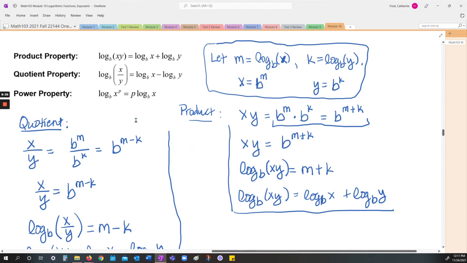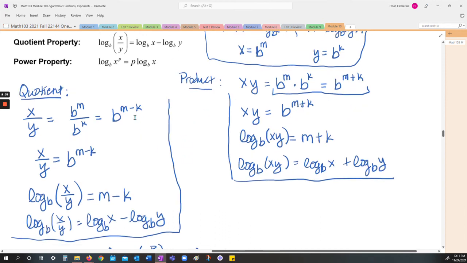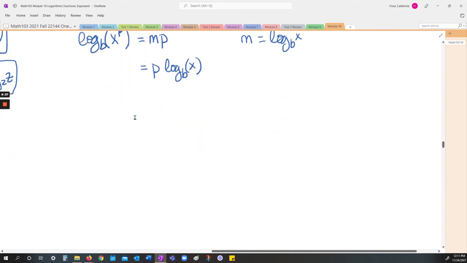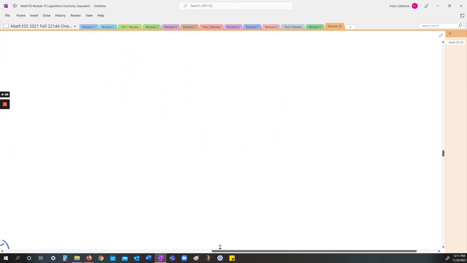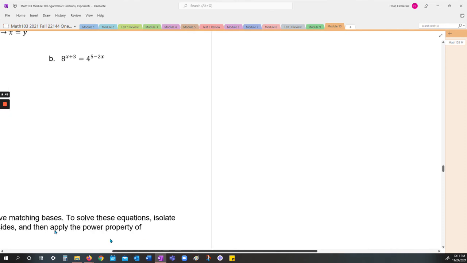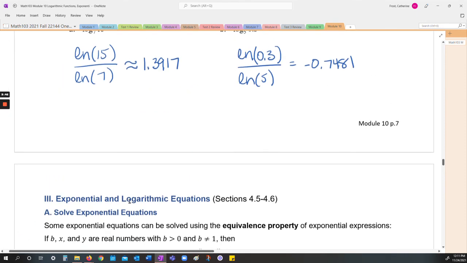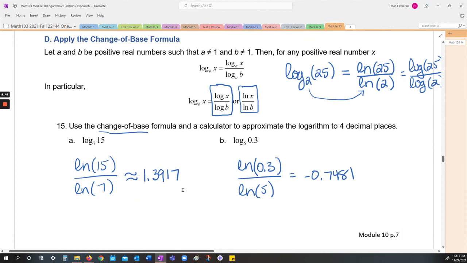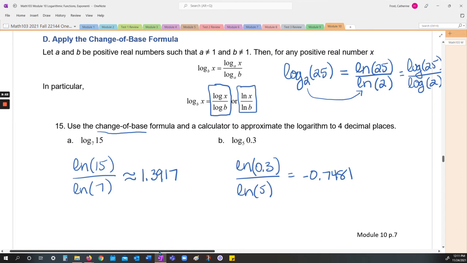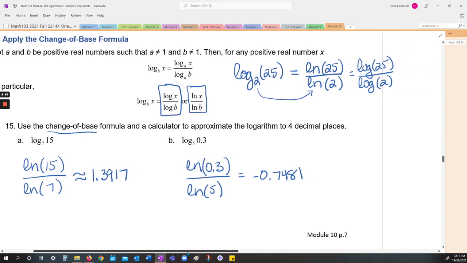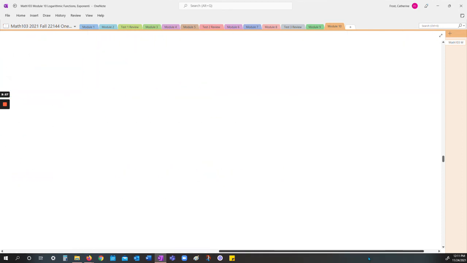Okay, so let's see if we can figure out this other thing, the change of base property, which we're going to talk about at the end of section 4.4. So log base b of x.